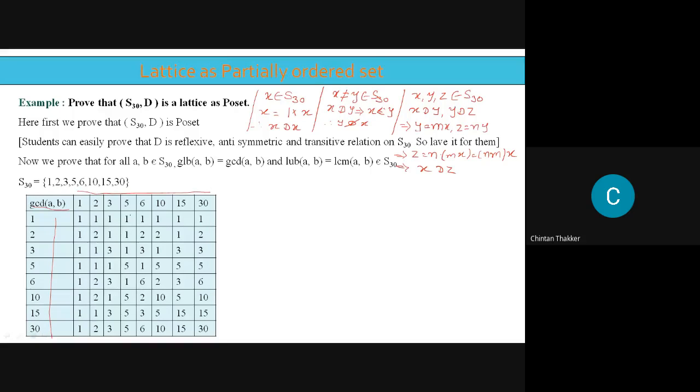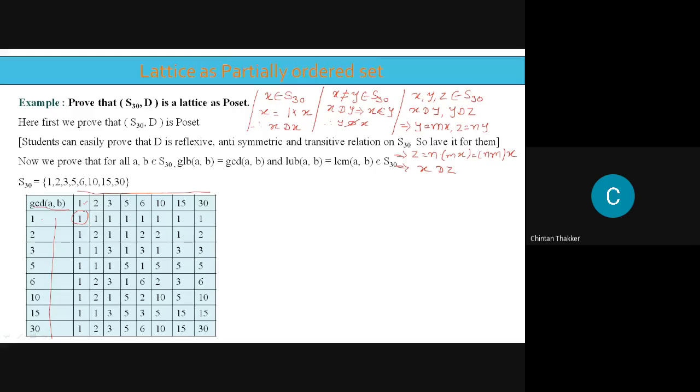So first we have 1 comma 1. What is the GCD of 1 comma 1? Here a is 1, b is 1, so the GCD of 1 comma 1 is 1, the greatest common divisor of 1 comma 1.